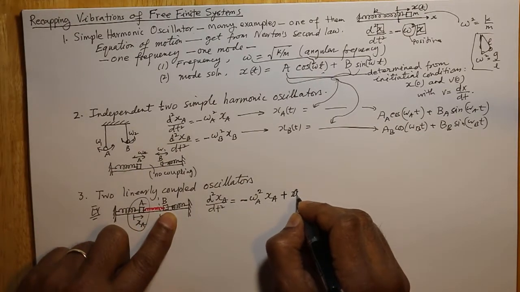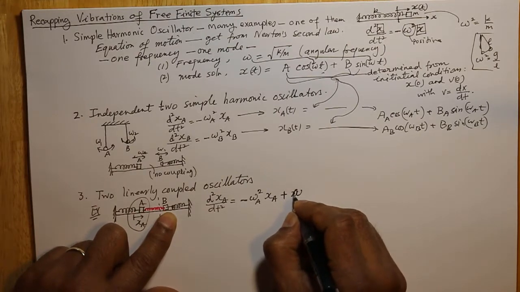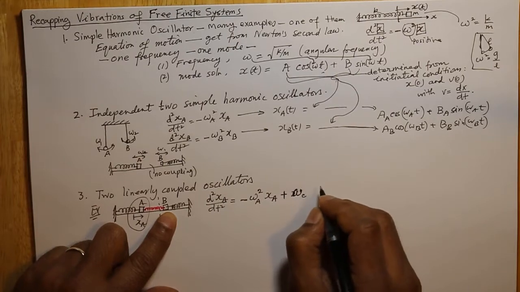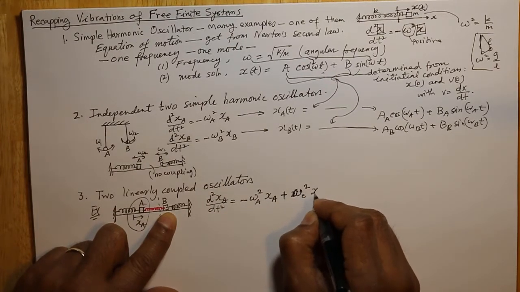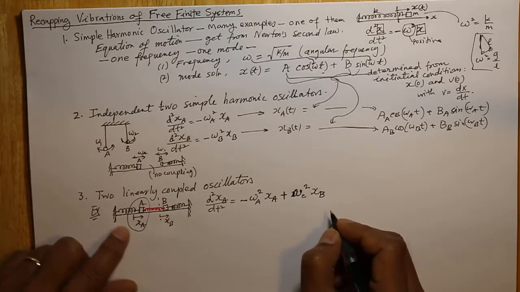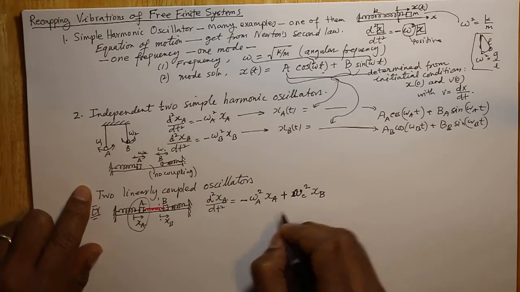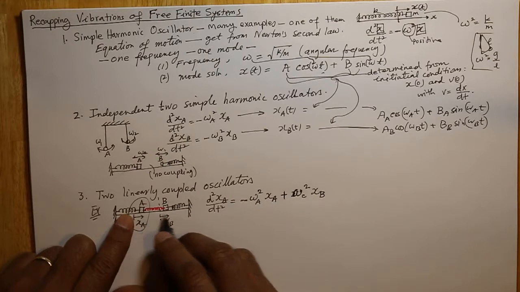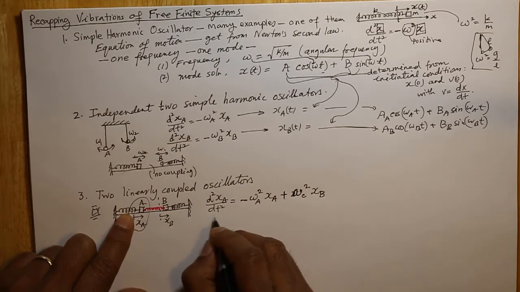So let's call it omega c squared xb. We just give some number there, and we derive this using Newton's law, but I don't want to get into the detail of that.